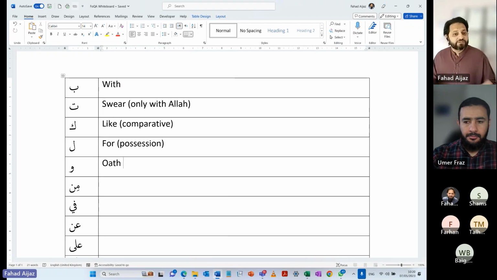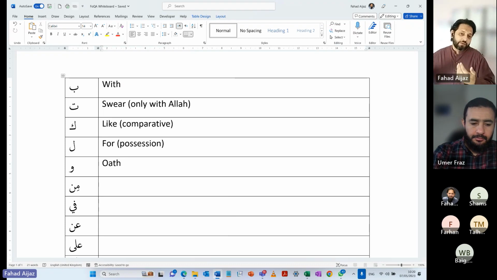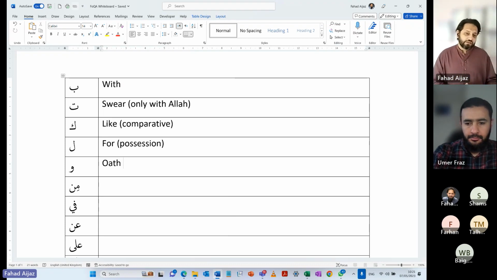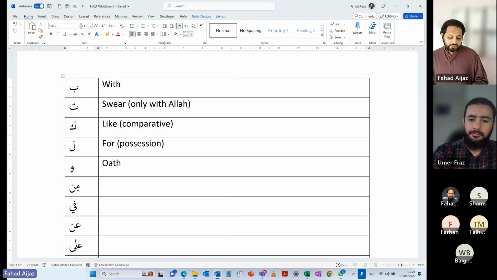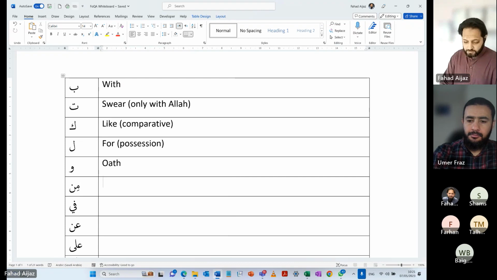When Allah says wal asri, that is by time. Allah takes the oath of time. Was samai zatil buruj. Was samai means by the heavens or by the sky. When Allah takes oath in the Quran, that is with waw. Okay? Min is from.